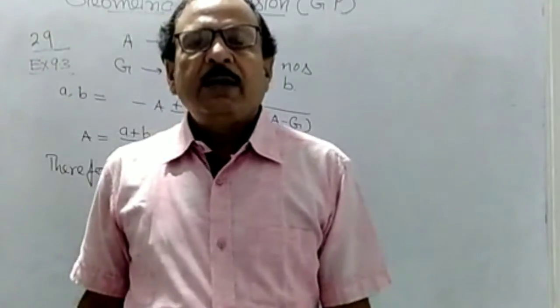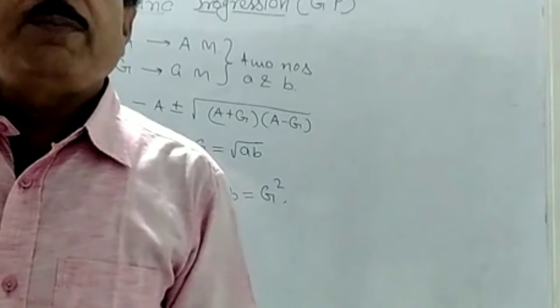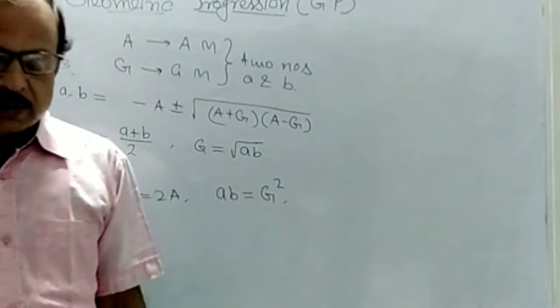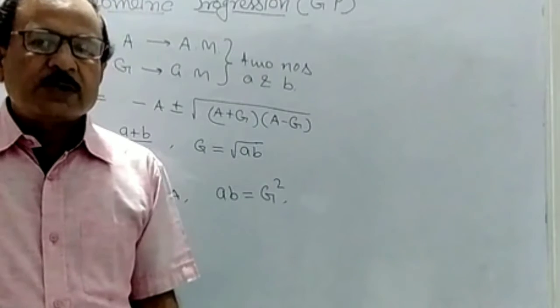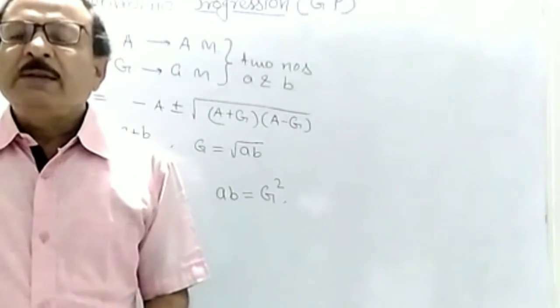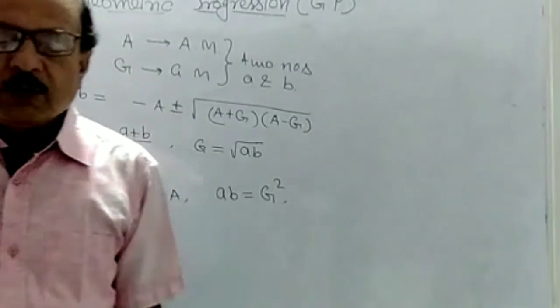You know that if the sum of two positive numbers and the product of two positive numbers are given, then you can write the quadratic equation.